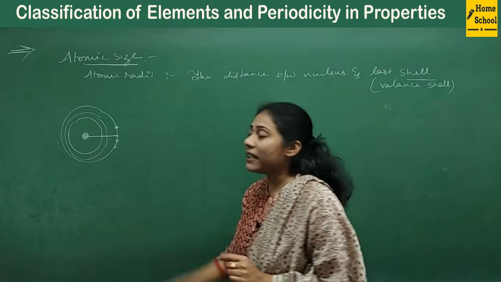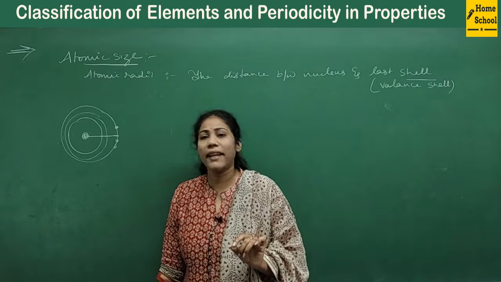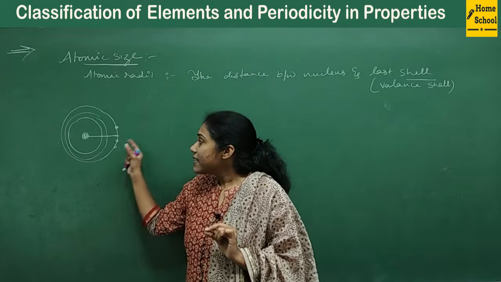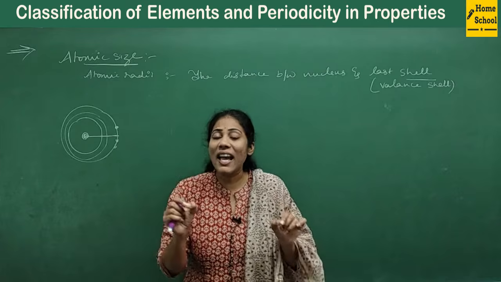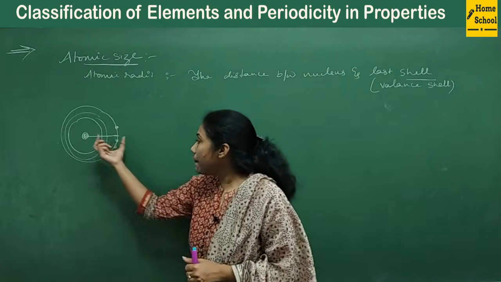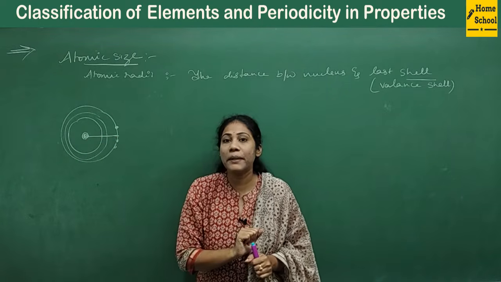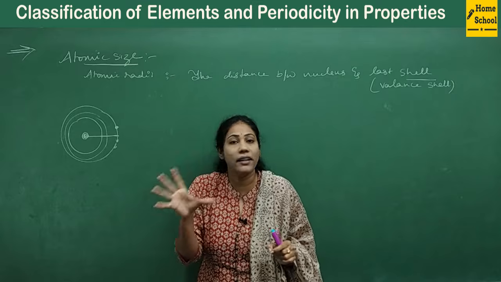And measuring this atomic radii is very difficult. Why? Because extracting a single atom itself is practically not possible. If you want to measure this distance, you need to extract one single atom from a substance or element.